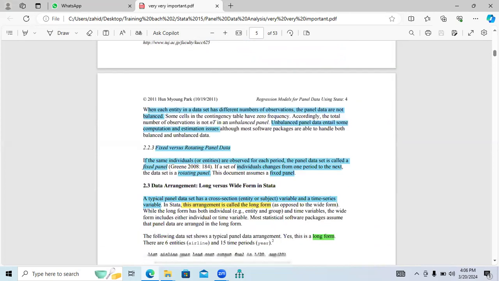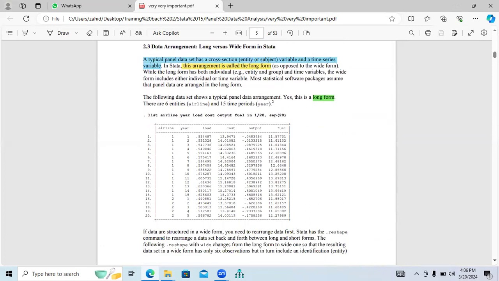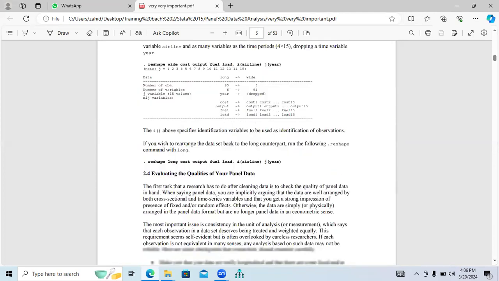Then I also discussed fixed versus rotating panel data. These are the things that are required for the estimation of panel data.